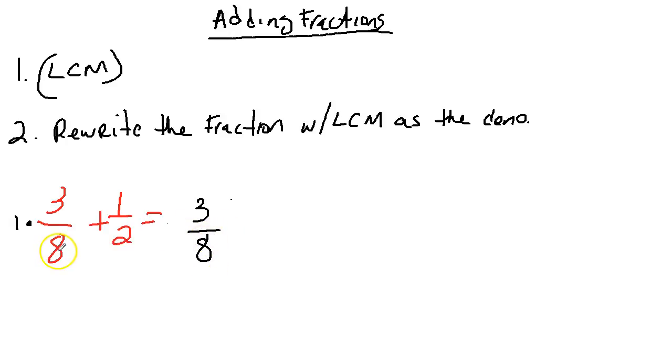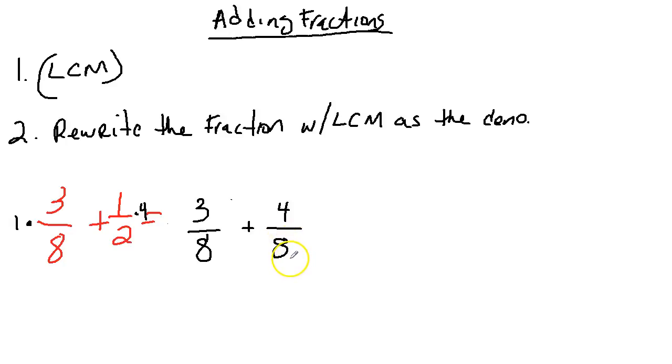So we're going to keep that the same. Now, what number do we need to multiply 2 by to make it 8? We're going to multiply by 4. 4 times 1 is 4, and 4 times 2 is 8.